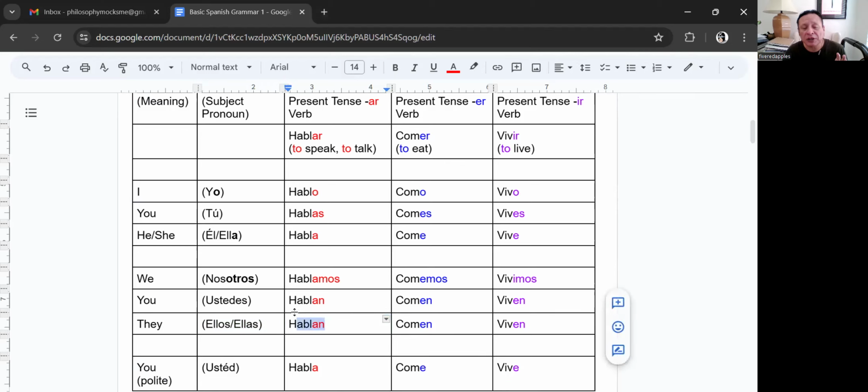So you might be thinking, what if I say hablan? How are they going to know if I mean you guys speak or they speak? Because Spanish generally doesn't include the subject pronouns. This is why I have them in parentheses. It's not that we don't use them, we do, but when we use them, it's for a specific purpose, like to be emphatic.